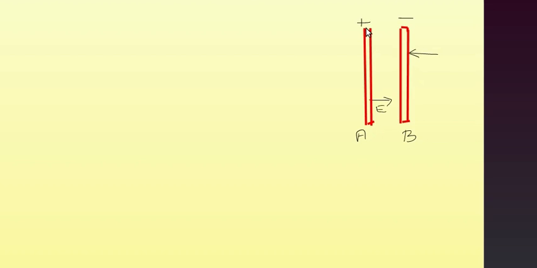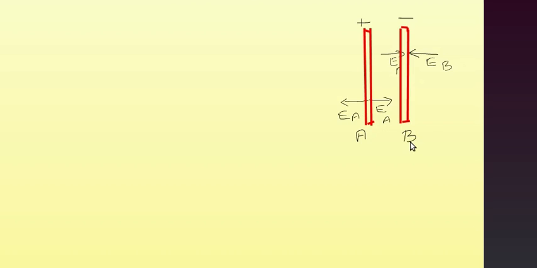And since A is positively charged, this is how the electric field lines come from the charge A. So towards the right there will be electric field lines due to the sheet A, which is EA, and towards the left also there will be electric field lines due to A, because from a positive charge field lines go away.